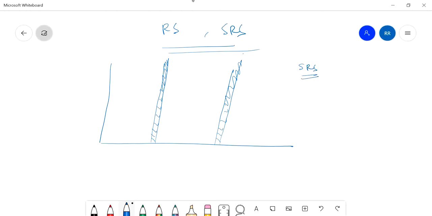Whenever the UE wants the eNodeB to send downlink information in some particular slots of the resource grid, the SRS is sent from the UE to the BTS. The BTS eNodeB checks if the resource grid is free, then it sends that information in that particular block, otherwise it does not send. So SRS, the sounding reference signal, is used for that case.